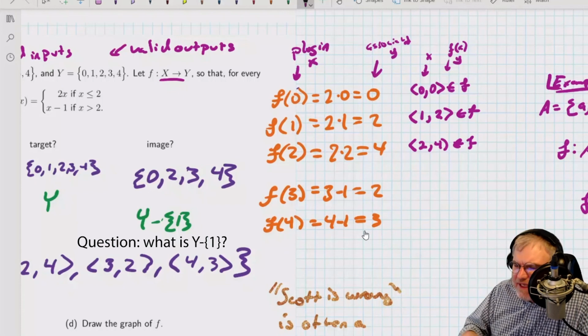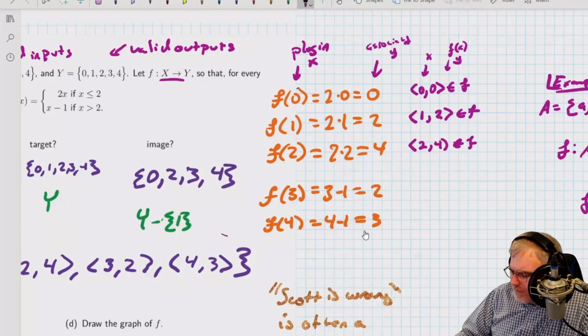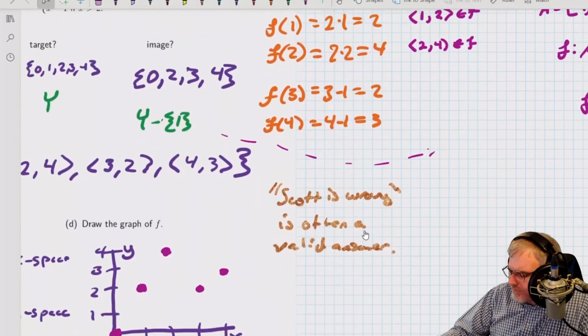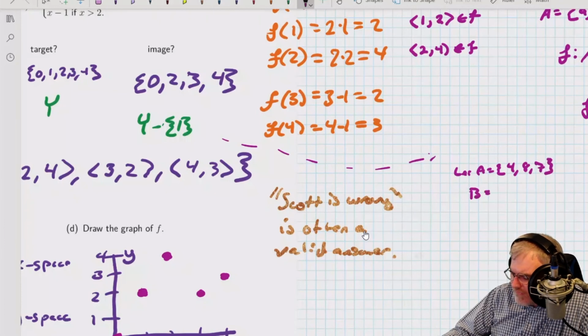Now, this right here, this y minus 1, is set notation, right? So I'll just do a little note here. Let A equal {4, 8, 7}. It's not in order, but who cares? Let B equal the set {4, 7}.